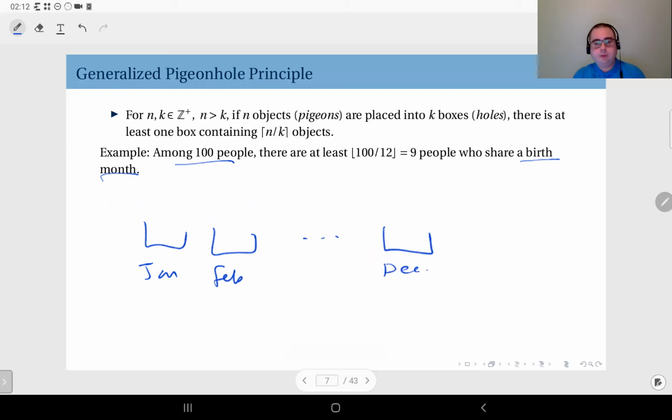And I'm going to distribute 100 objects, the people, into these boxes. So even if you even them out, in at least one of the boxes, you will have 100 divided by 12, and take the ceiling, you get 9 people sharing a birth month.